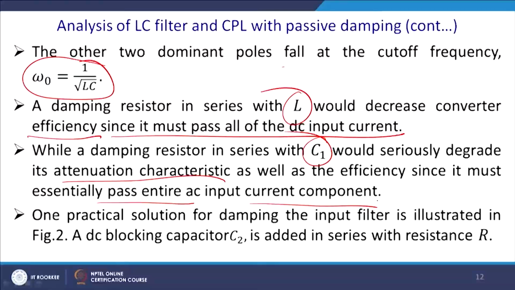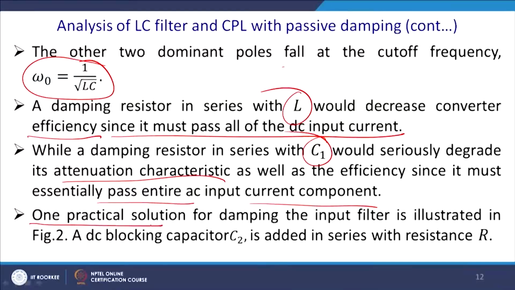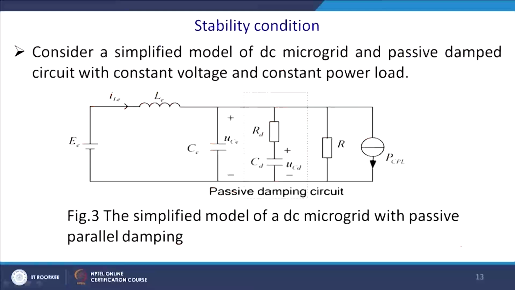So, ultimately the filtering effect will be a catastrophe, THD will be a catastrophe if you add a resistance with C1. For this reason, one practical solution for damping the input filter, as illustrated in figure 2, is that the DC block capacitor C2 is added in series with the resistance R. So, that is the case.